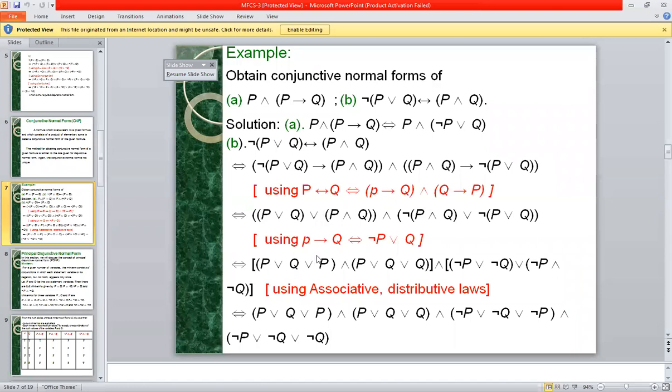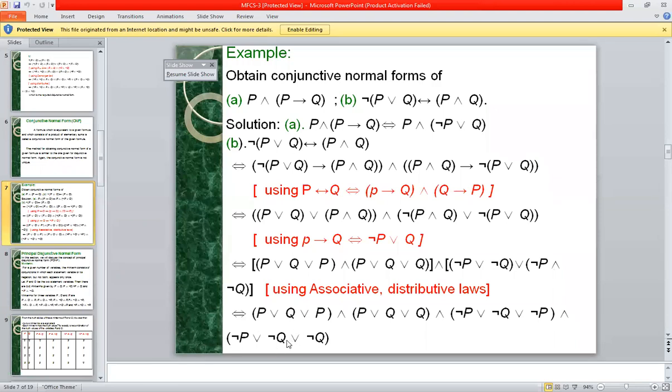(P or Q or P), and applying the distributive law (P or Q or Q), and applying the distributive law negation P or (negation P or Q), and negation P or negation Q. This can be written as (P or Q or P) and (P or Q or Q) and (negation P or negation Q or negation P) and (negation P or negation Q or negation Q).